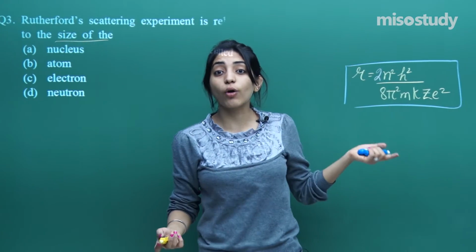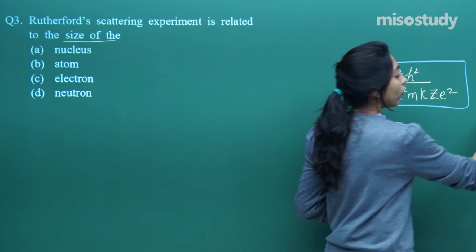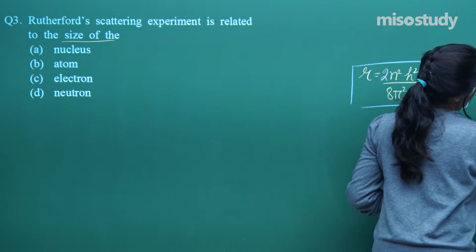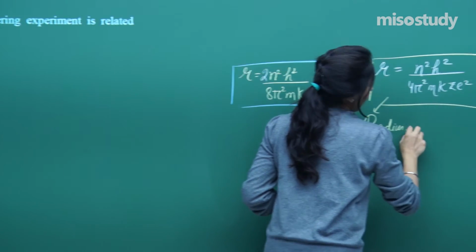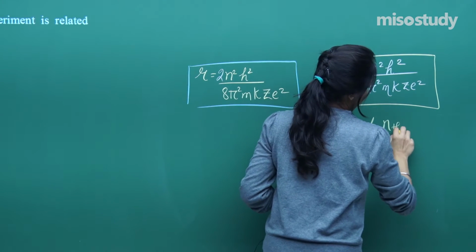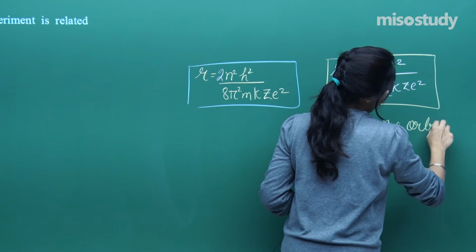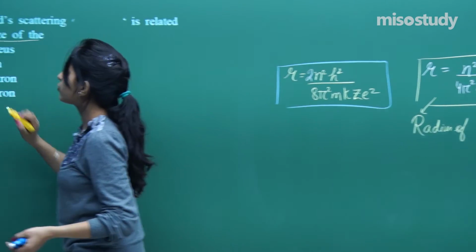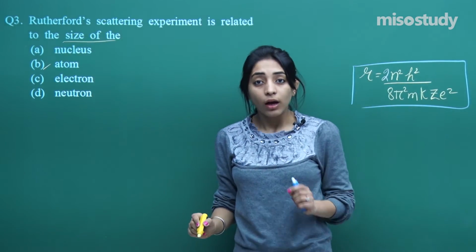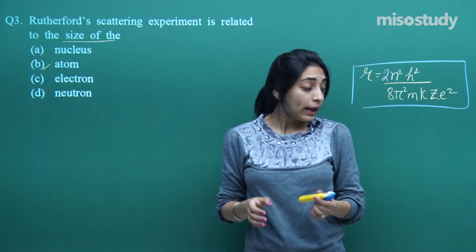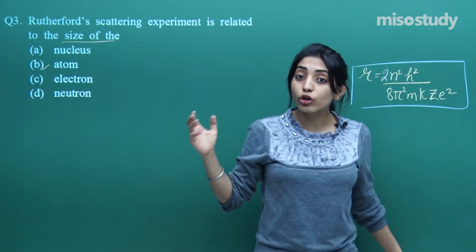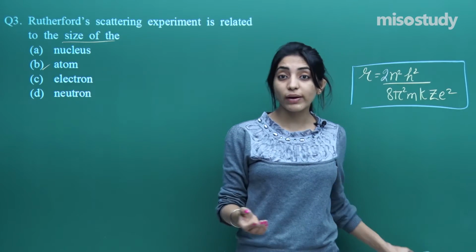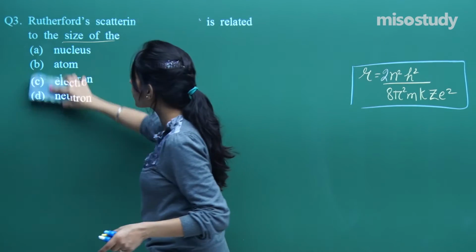So this is what? This is the formula of the radius of the nth orbit of an atom, right? So they'll simply say, ma'am, this was done for an atom. No guys, no. This formula has got no link with this particular question that has been written on the board.